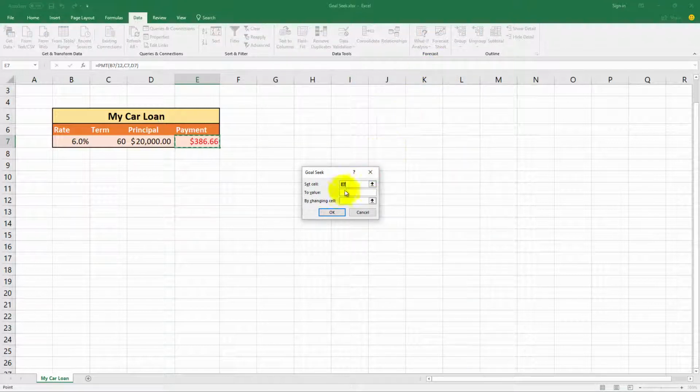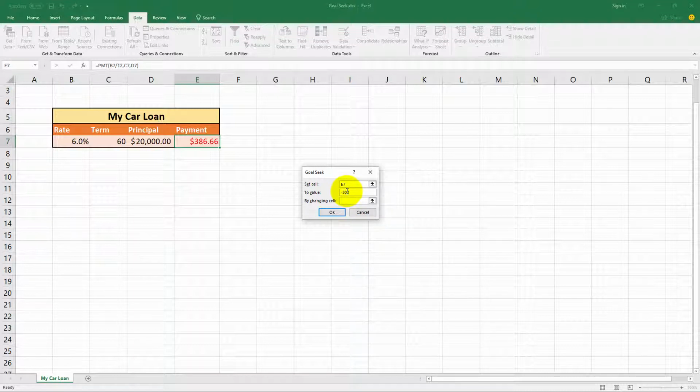In Set Cell, we choose the cell we want to set to a new value. In our case, cell E7, which is the monthly payment. We set the value target, which in our case is minus 300.